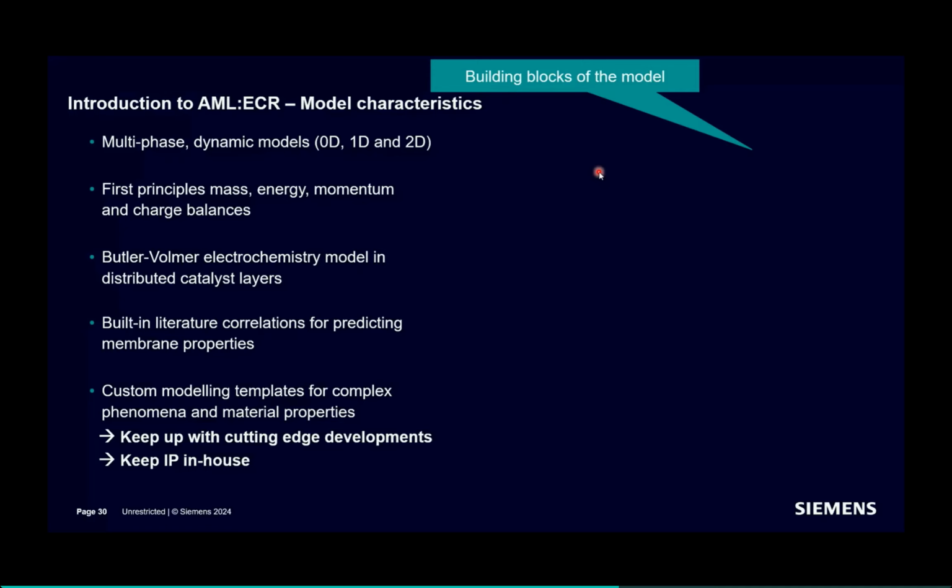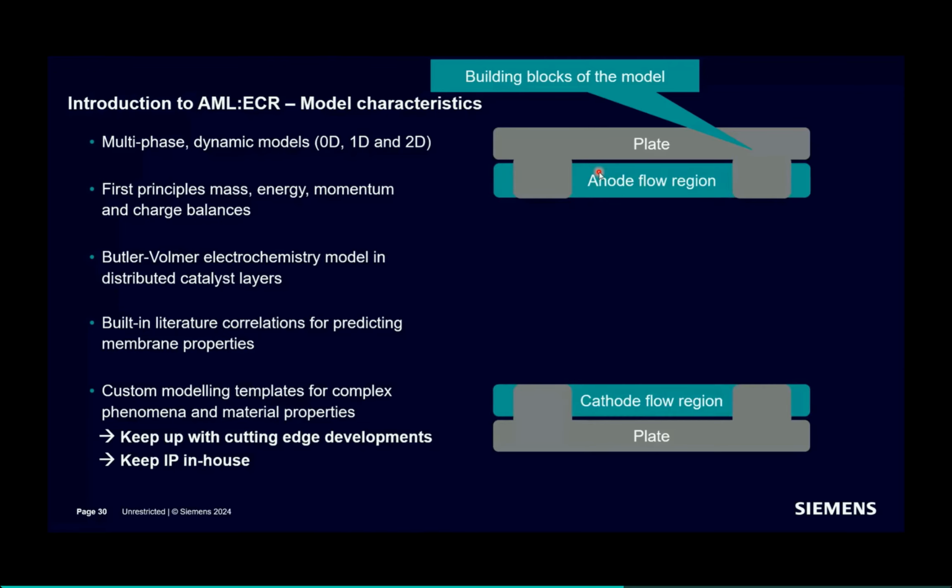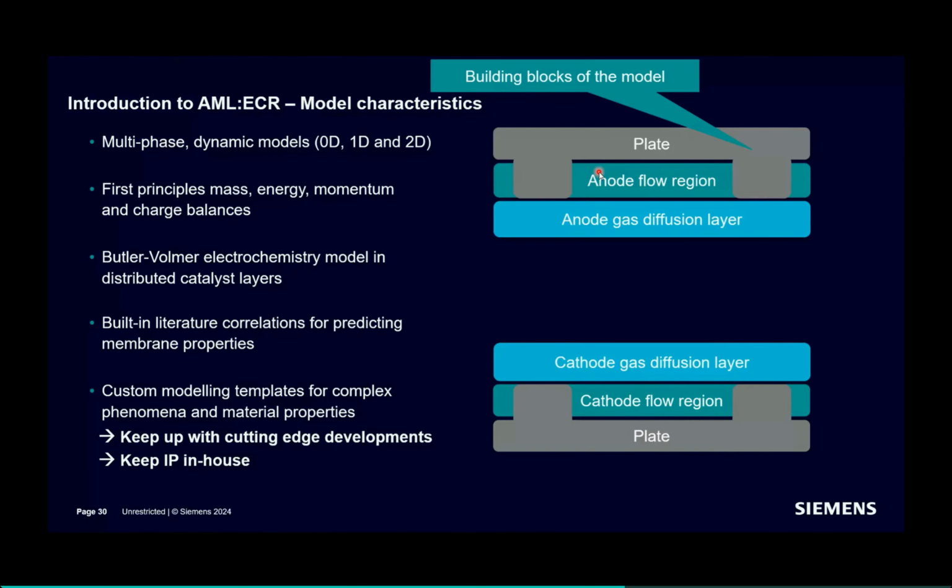Okay, so what are the building blocks of the model? Looking at the specification tabs of the graphical user interface, you can understand that the model follows the geometrical structure of an electrochemical stack. So you will find your bipolar plates, your flow regions, and gas diffusion layers, which can be included or not by a simple switch, because we know that some stacks have them and some don't.